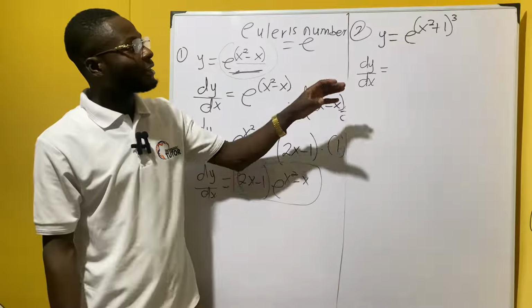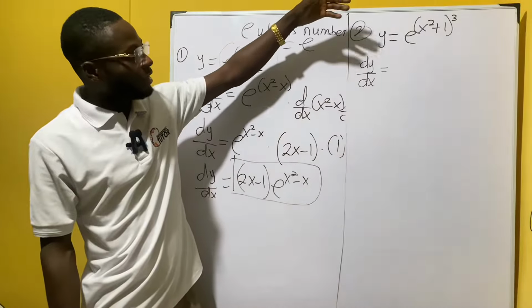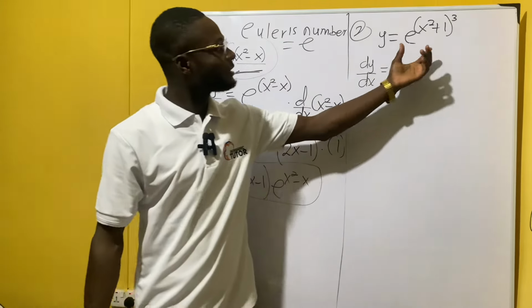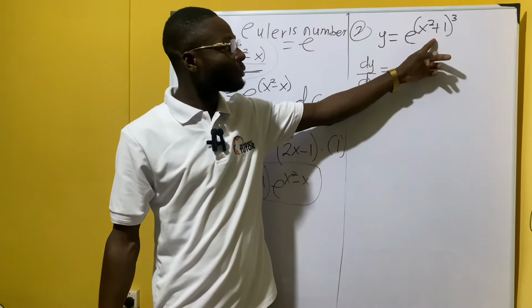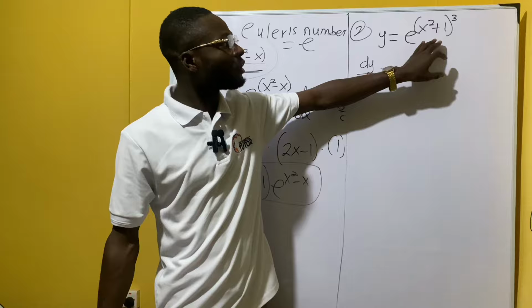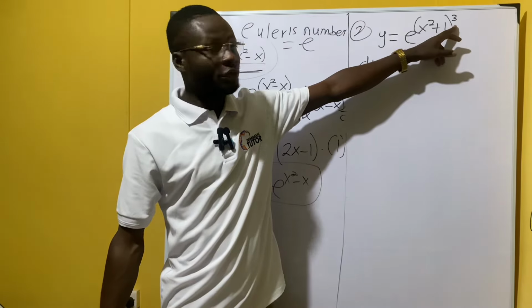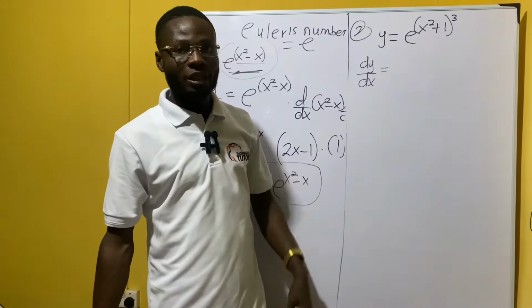So the key aspect is that we have to recognize when we have to use the chain rule. Here we have an exponential function, and the exponent of the exponential function is a cube. So we have to use what we call the chain rule.